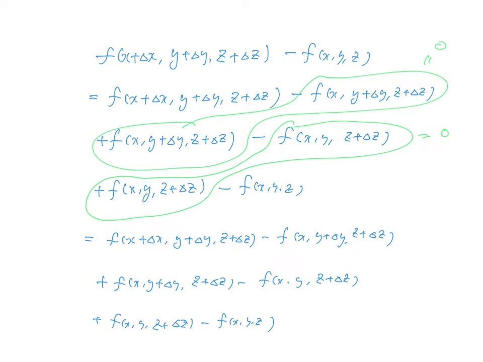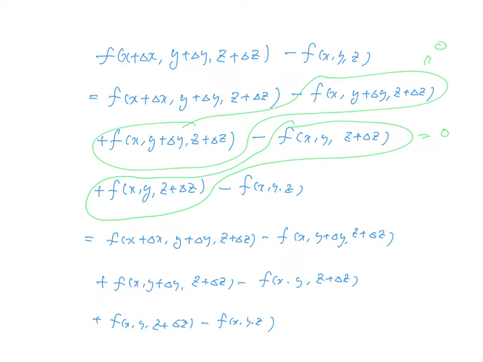This is the original equation, the difference of the function between Q and P. And then I added one 0, another 0, right? So I added 2 zeros, so it doesn't change anything. So this is the final result.